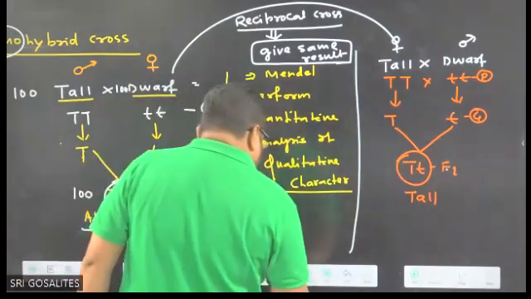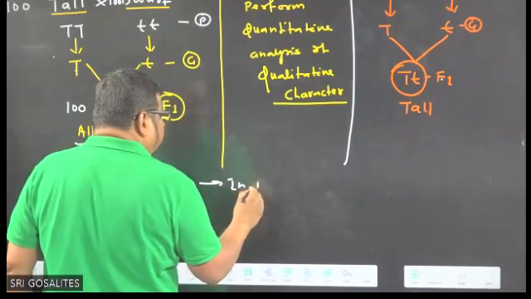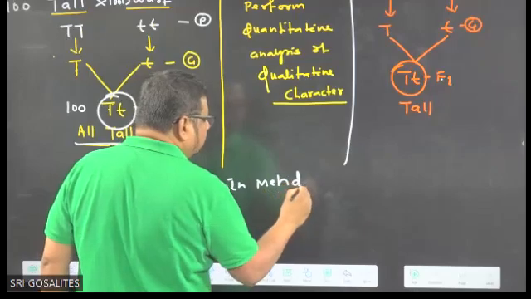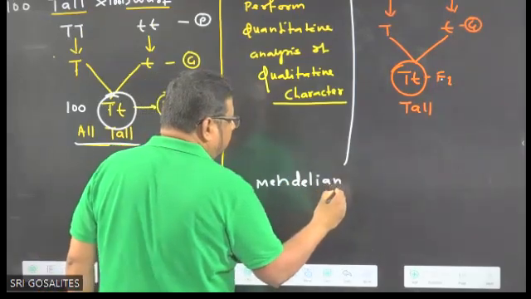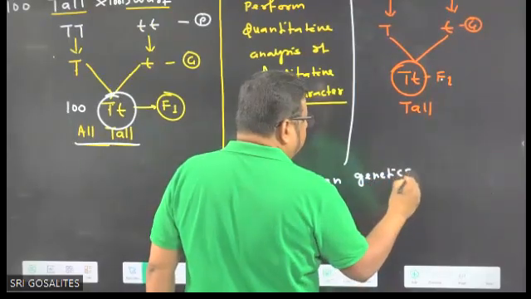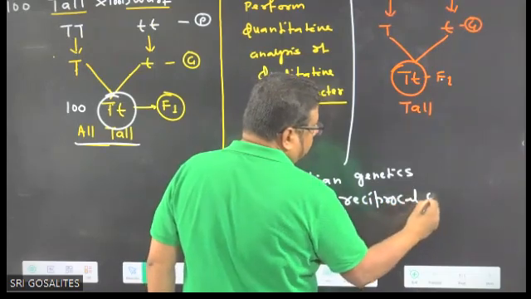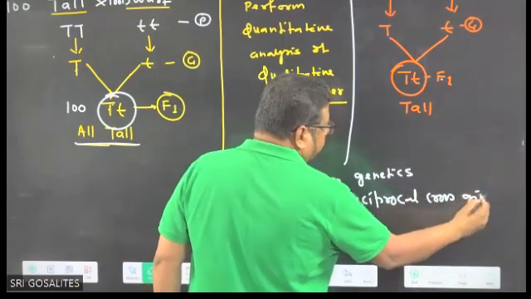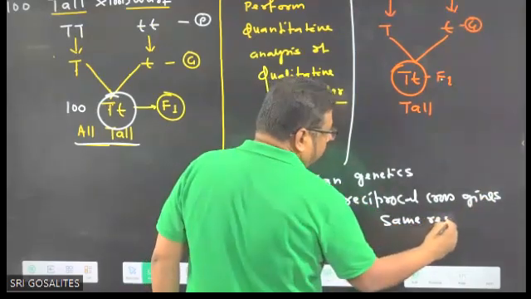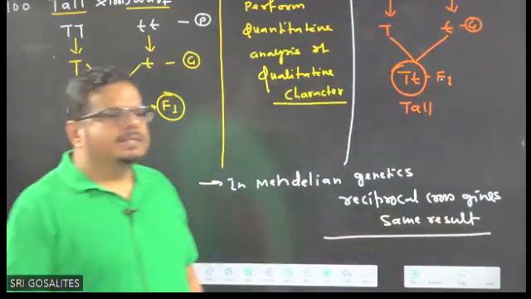So you make a conclusion, dear children, and the conclusion is what? In Mendelian genetics, reciprocal cross gives the same result.